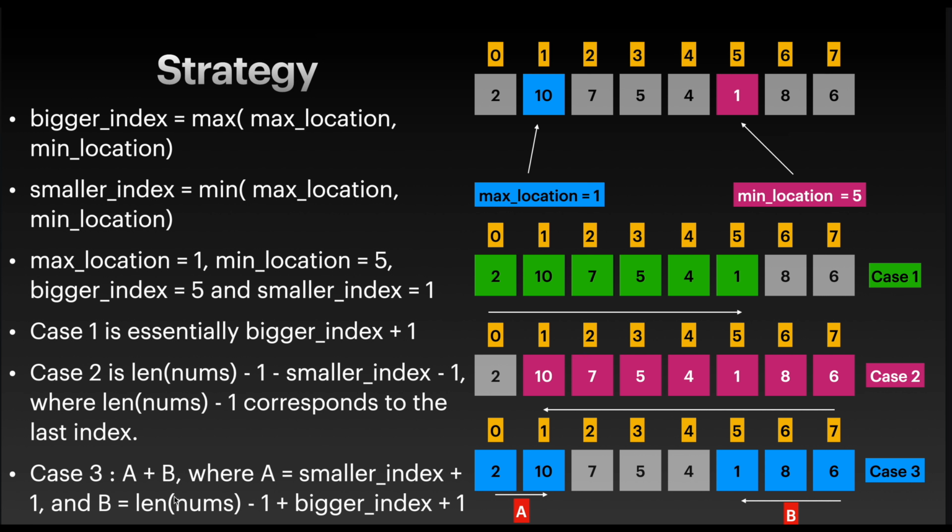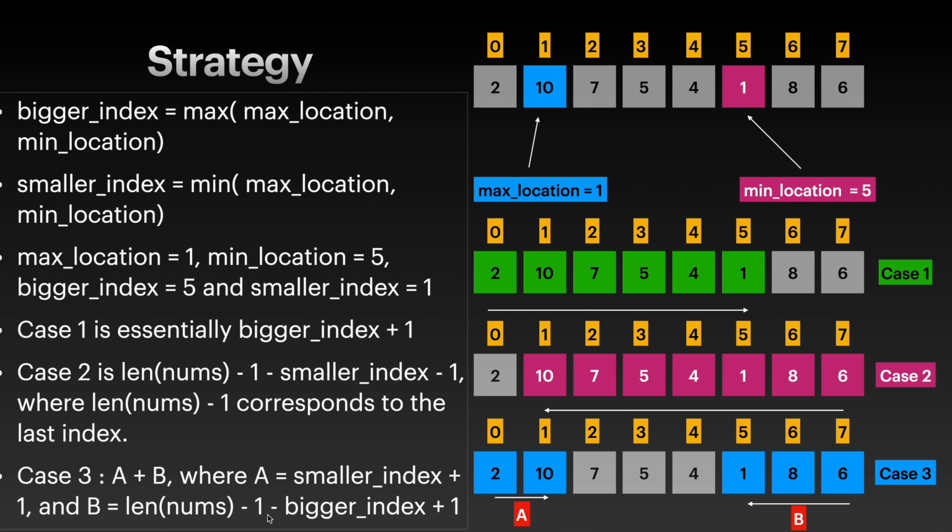For B, we have the length of nums minus 1, again the last index, minus bigger_index, plus 1. If you look at my video a few seconds ago, I had a plus there, but it is actually a minus.